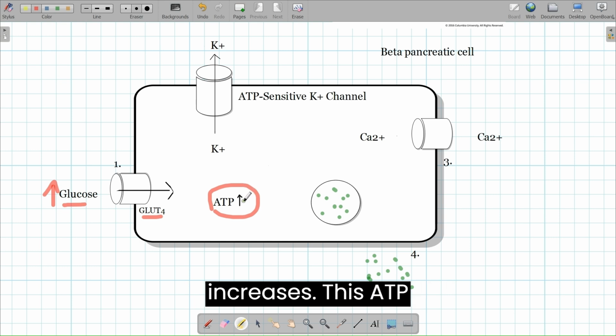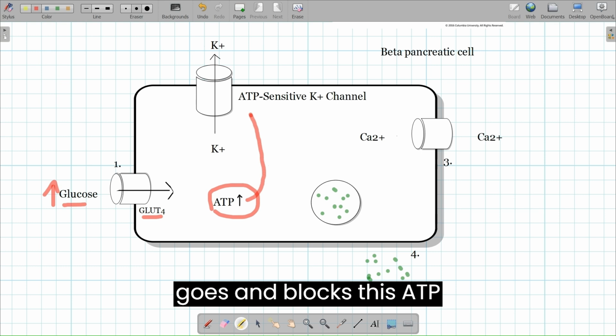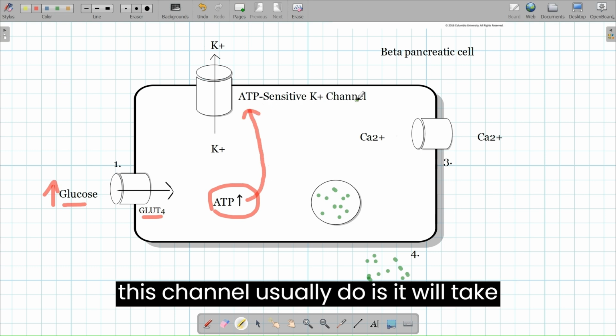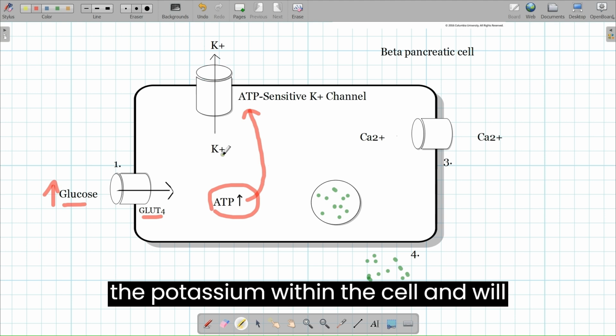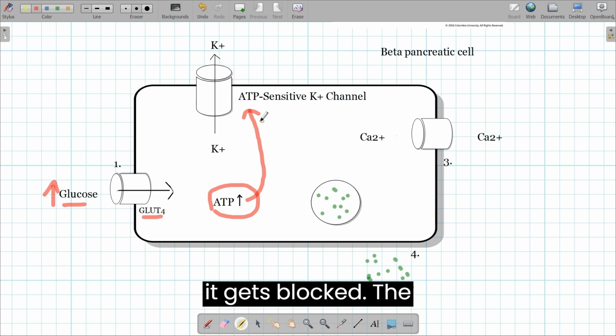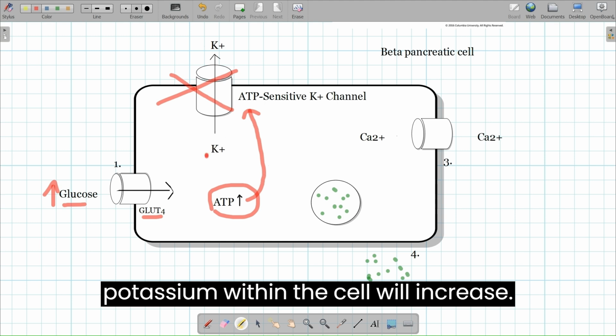When ATP increases, it goes and blocks the ATP sensitive potassium channels. What this channel usually does is take potassium within the cell and pump it out of the cell. But once it gets blocked, the potassium within the cell will increase.